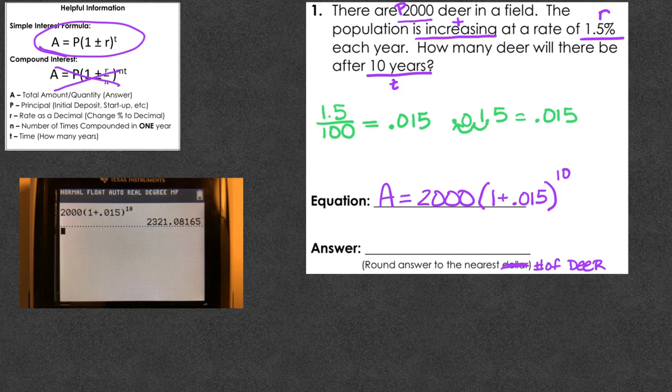I put in 2,000 parentheses, put my information just like I wrote it in my equation, and our number is 2321.08165. However, I want you to round to the nearest number of deer, a whole deer. So that would be 2,321. Remember, you're looking to the right. And since it's a 0, we're just going to round down. So you have 2,321 deer.